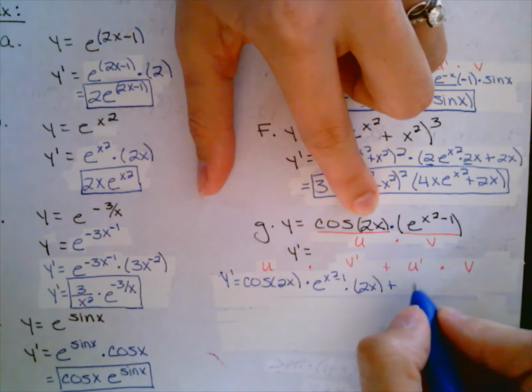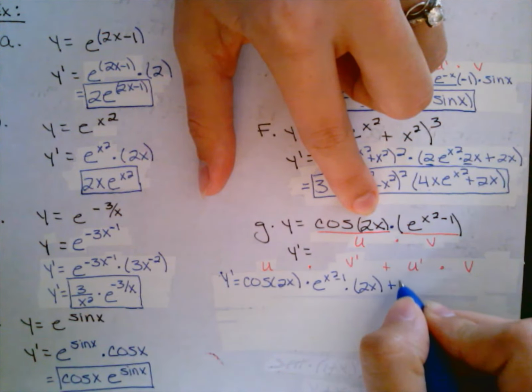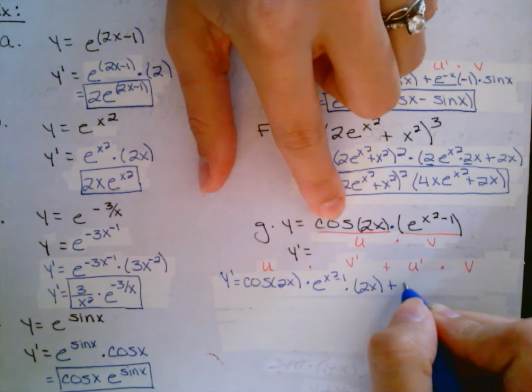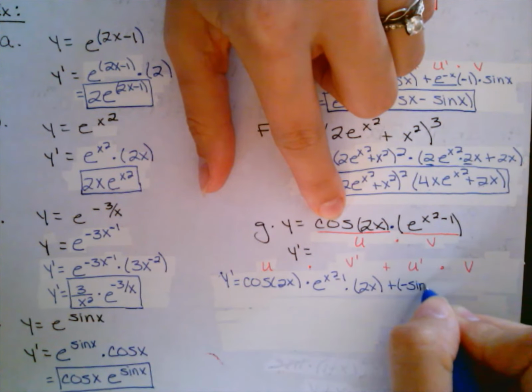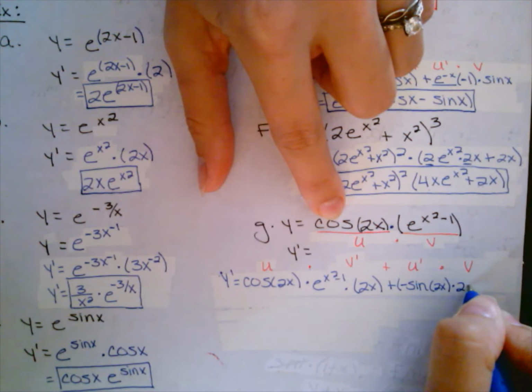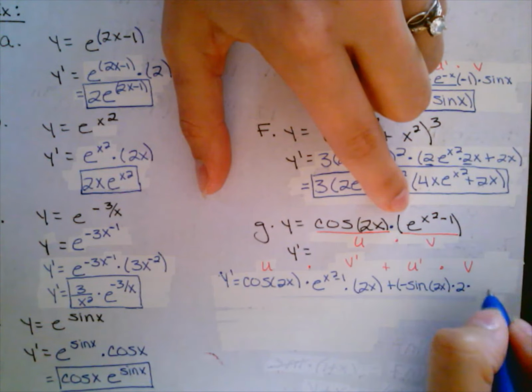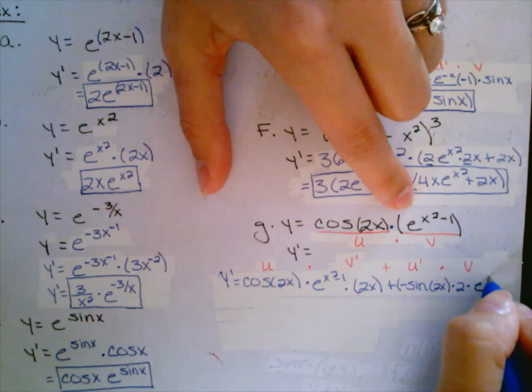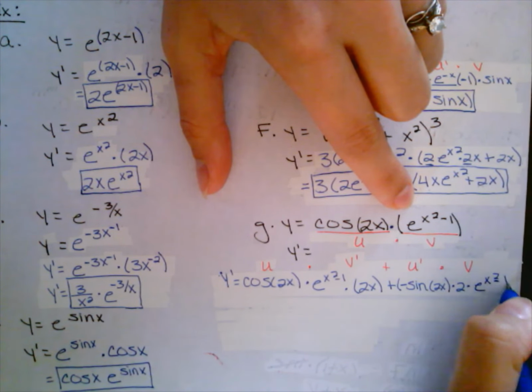Okay, so this is a chain rule. We have cosine, derivative of cosine, I'm sorry, the outside is a negative sine. Rewrite the inside times derivative of the inside, which is 2, and then times v. So rewrite e raised to x squared minus 1.